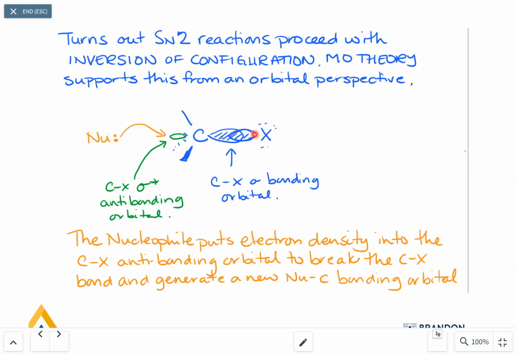We're breaking this bond here. The antibonding orbital is always going to be on the opposite side. Short answer is yes. Remember, pi orbitals are slightly different, but for sigma orbitals like this, the antibonding orbital is always going to be on the opposite side of that carbon.